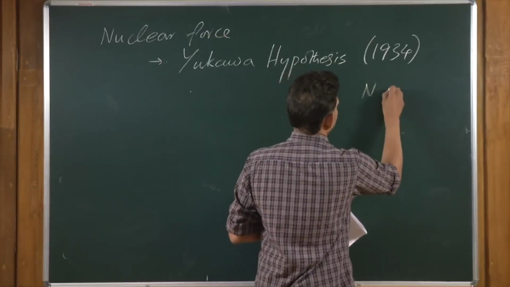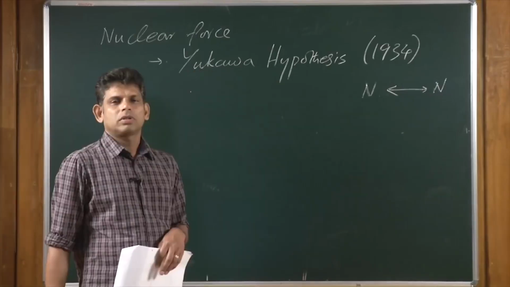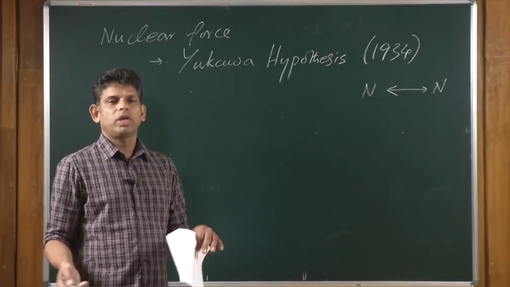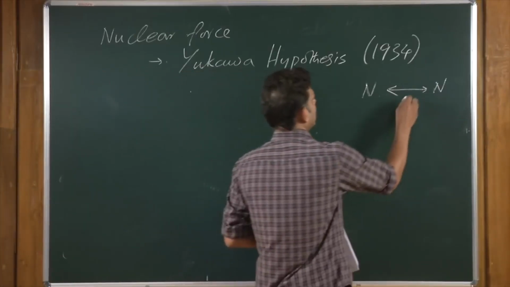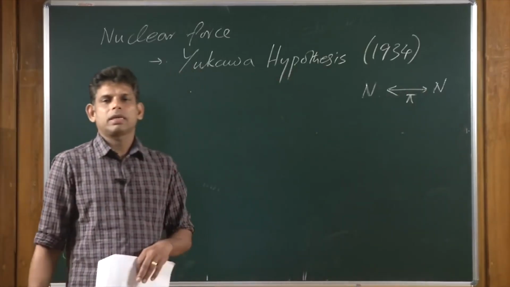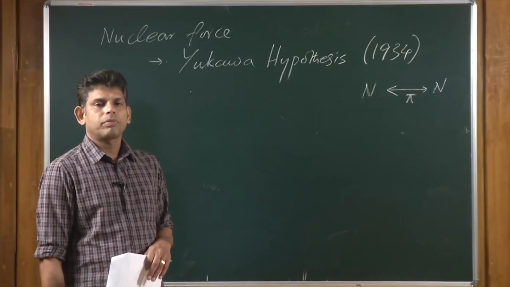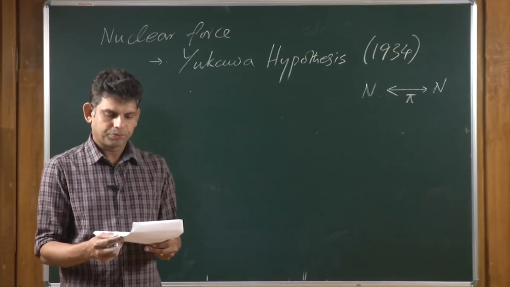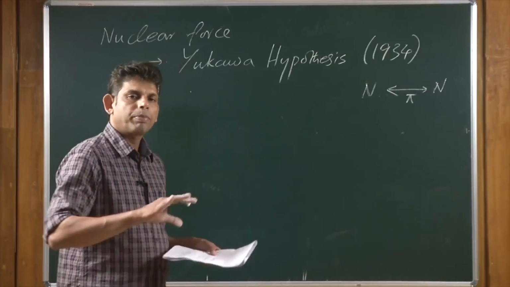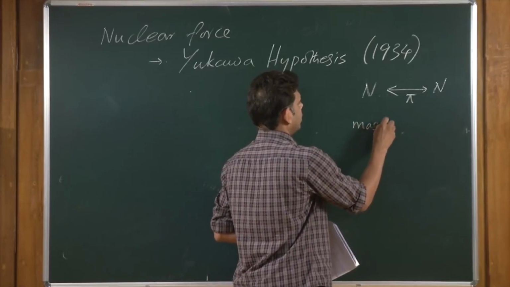So, he said, think about the nuclear force between two nucleons or two nuclei as if happening with the exchange of some particles. So, he predicted the existence of massive bosons, they have to have mass.